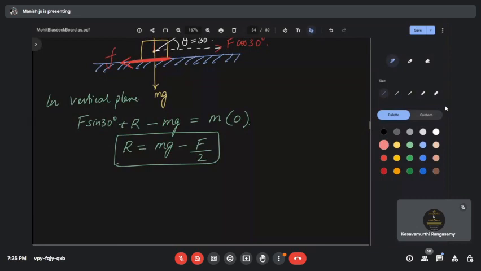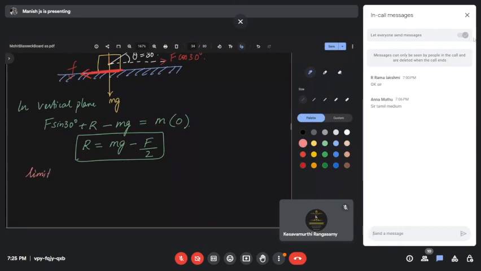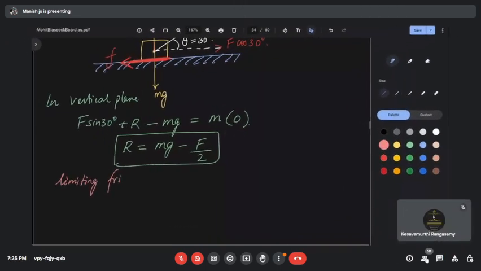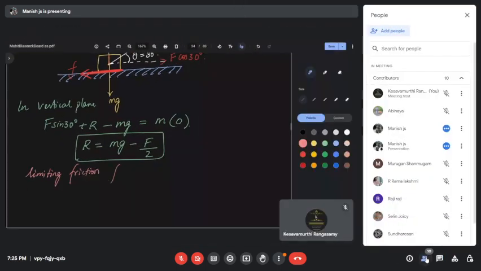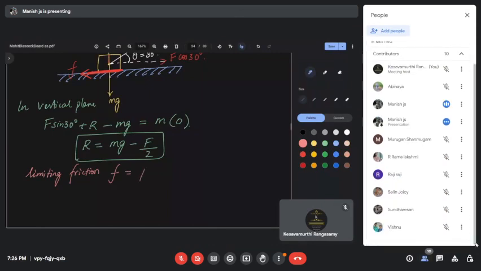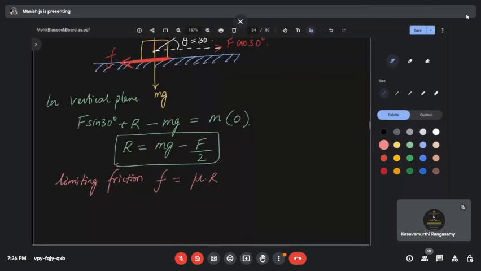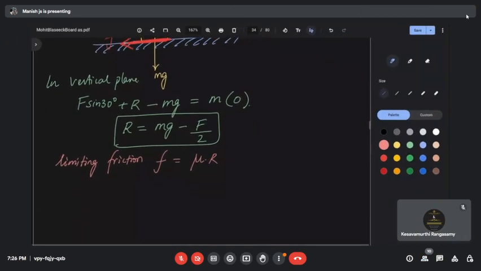Now, coefficient of friction and the limiting friction formula. What is the formula for limiting friction? It is given by F is equal to mu into R. We usually say mu N, but here we have taken R instead of N as the reaction force. So mu into R. Substitute the values: mu into mg minus F by 2.